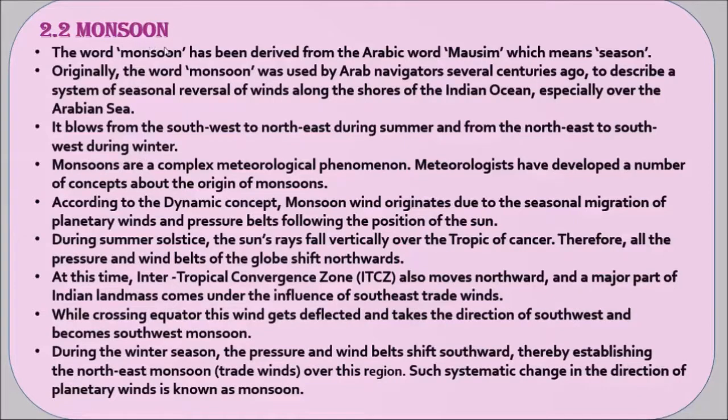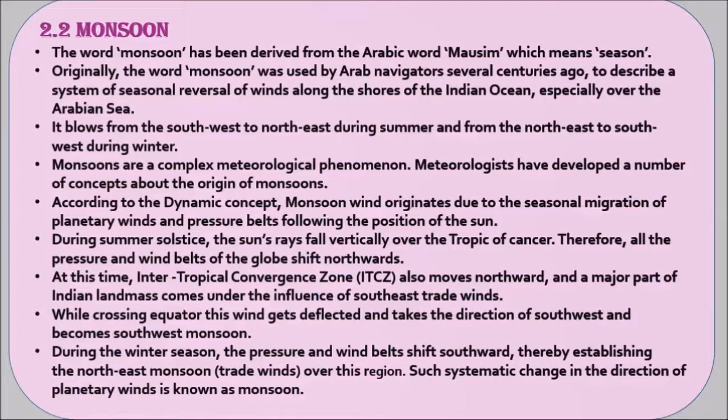So these Arab navigators used the word monsoon to describe the seasonal reversal of winds over the shores of the Indian Ocean and the Arabian Sea. These winds blow from the southwest to northeast during the summer season.